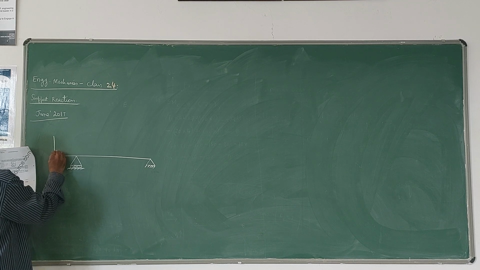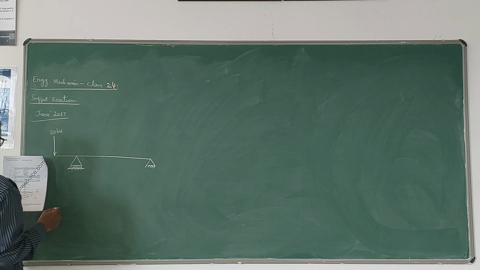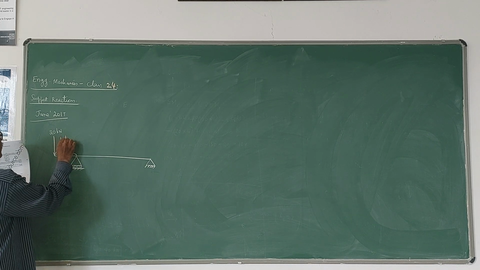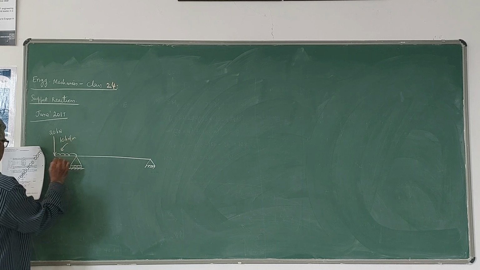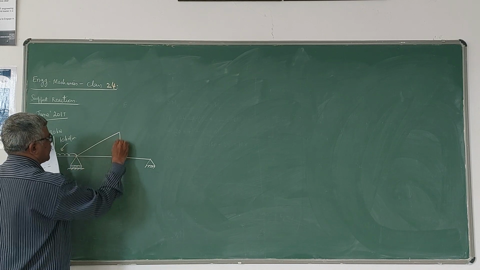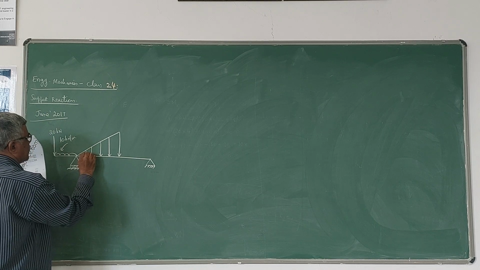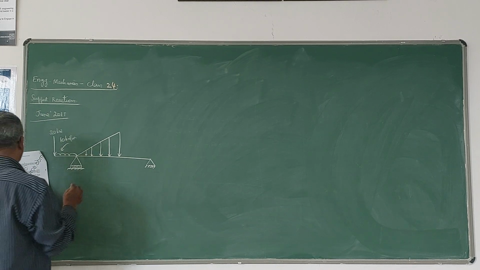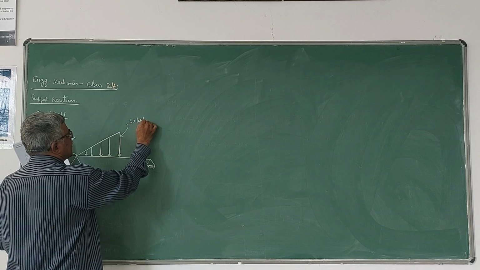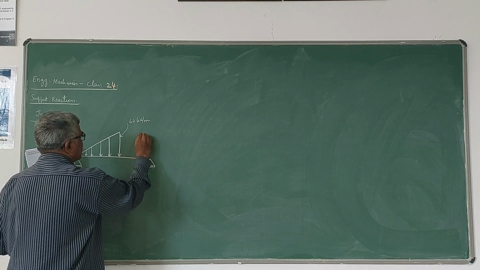It carries a concentrated load of 20 kN at the free end of the overhang, a UDL of 10 kN per meter in the overhang portion, and it carries a triangular, uniformly varying load like this, whose intensity varies from 0 to 60 kN per meter, and it carries a concentrated load of 30 kN.